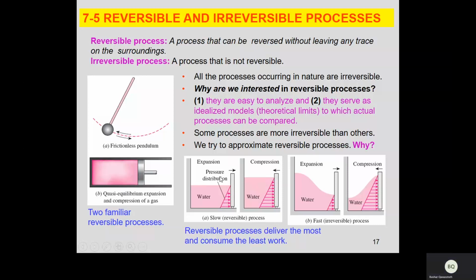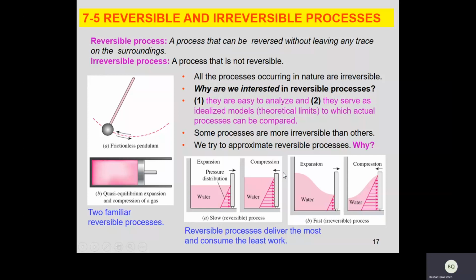If we look at the expansion, if it's a slow reversible process, we will see how the pressure distribution compares with the irreversible case. So the output work will be maximum with the reversible process.